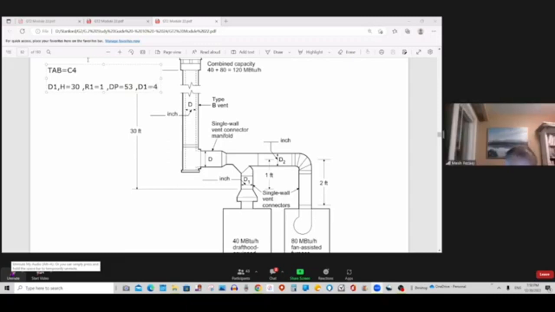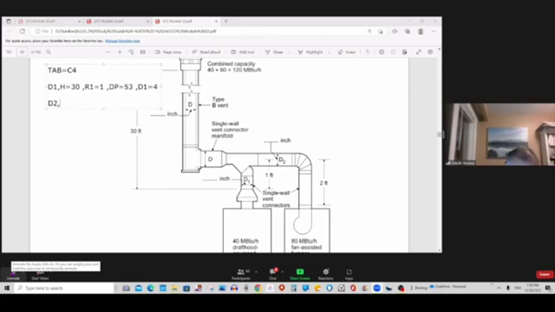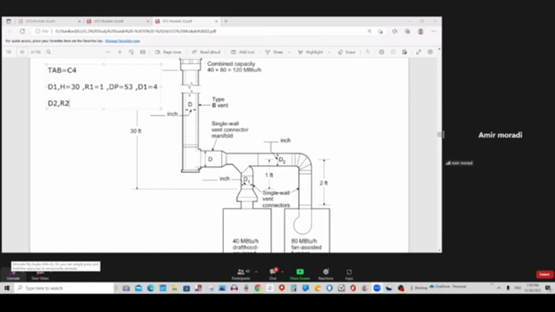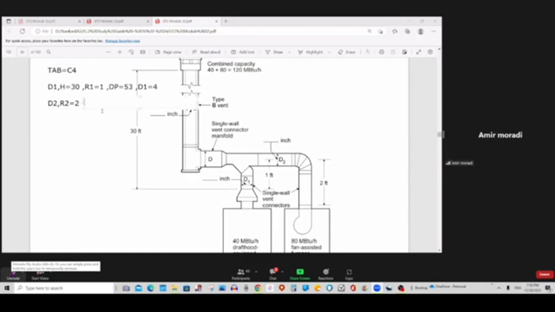Okay, let's go next. Now, D2. What is R2? R2 is 2 feet. Okay? And then what's min and max? It's fan assisted. So 30.